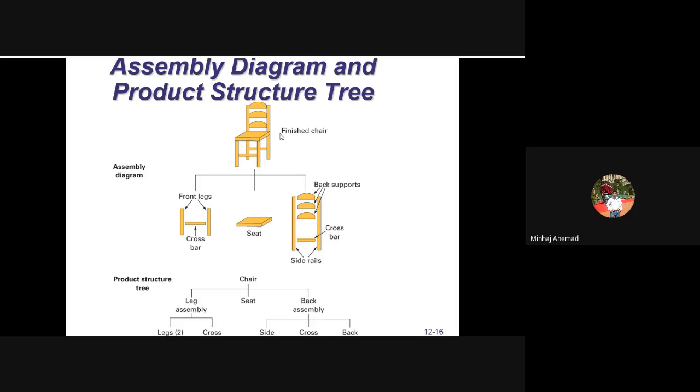If we consider the finished chair, these are the front leg, back leg, seat, crossbar. These are the supports. So these are the various components of a finished chair.